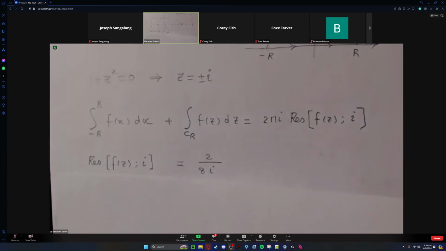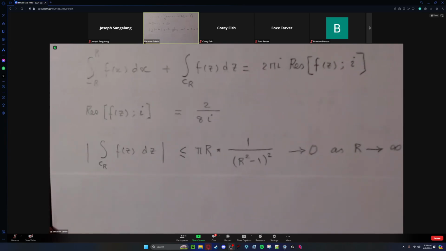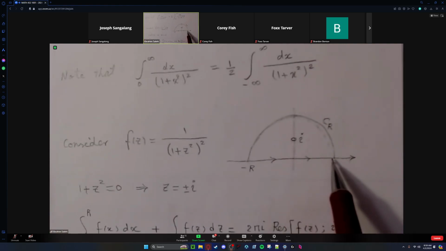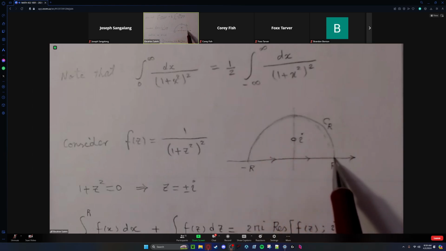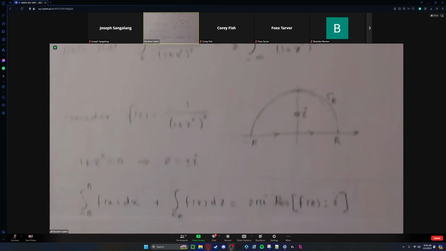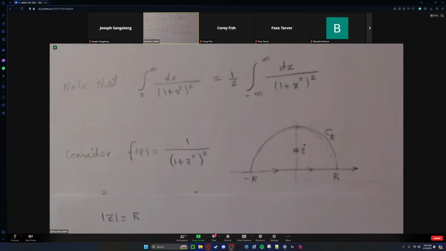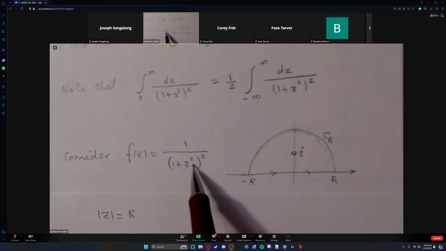Remember, modulus of z is r. And we are talking about when z is on this curve. So modulus of z is always r. Then what happens to this function right there? What is the upper bound for this function?